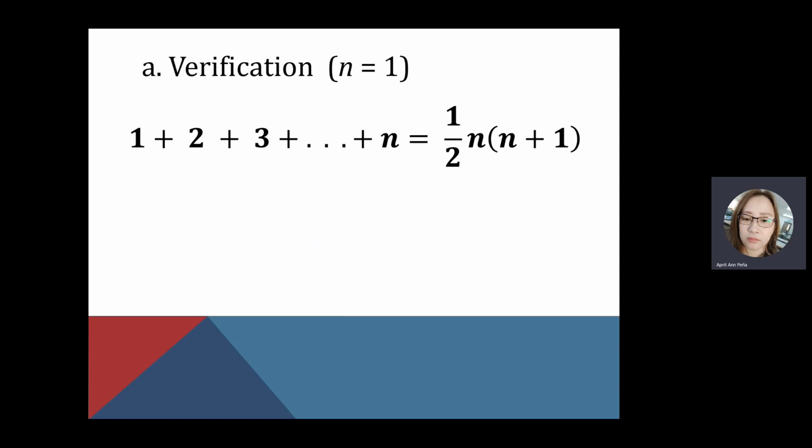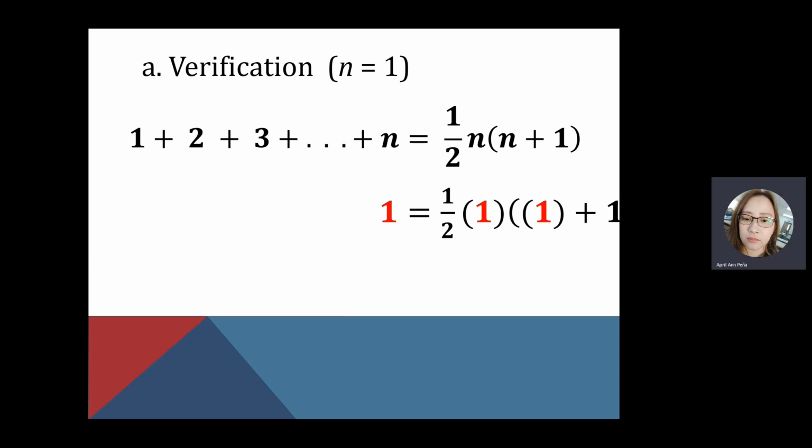With the given, simply consider the portion with the variable n. We have n equals 1 half n times n plus 1, in which we are going to substitute 1 to all the variable n.